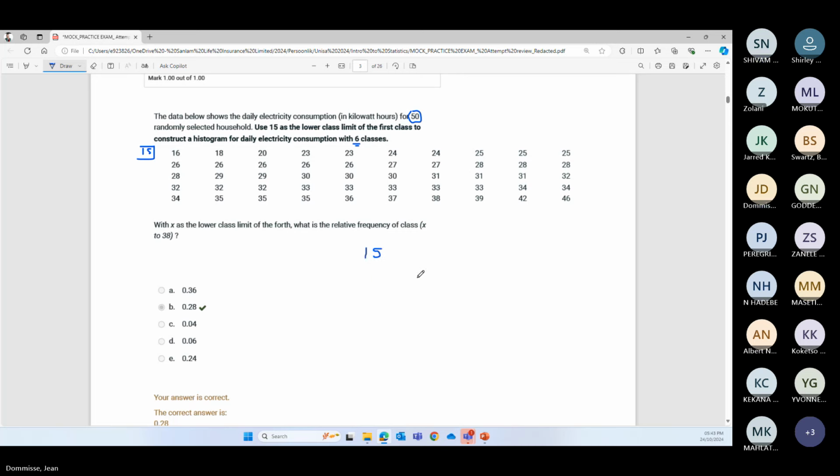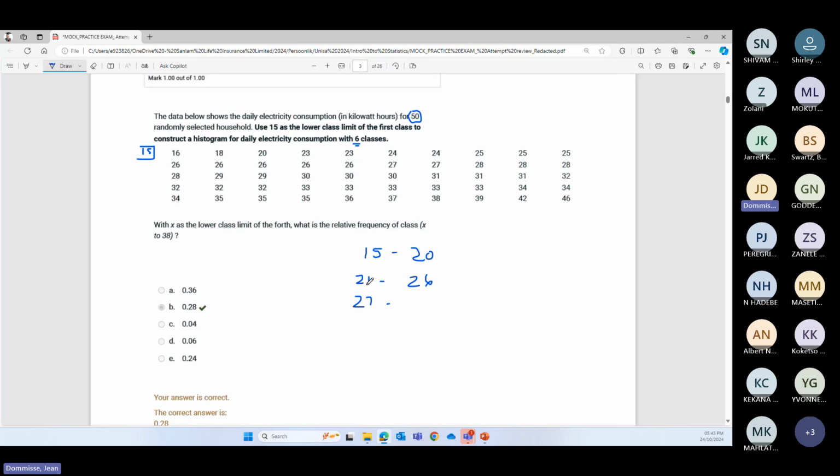is we need to create the bands of each one, and I'm just going to do this. So 15 to, let's say, 20.